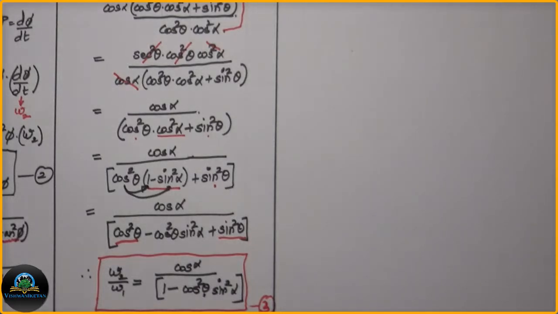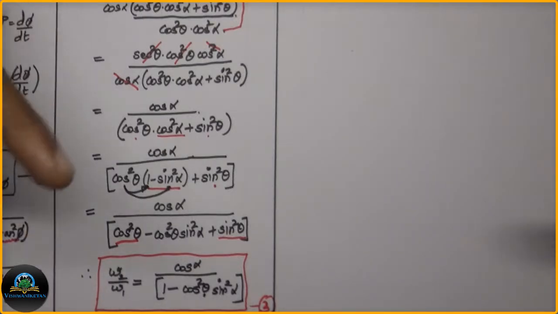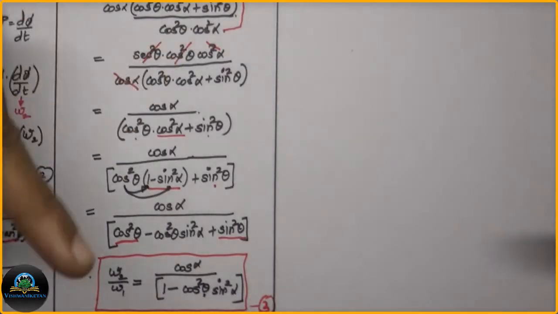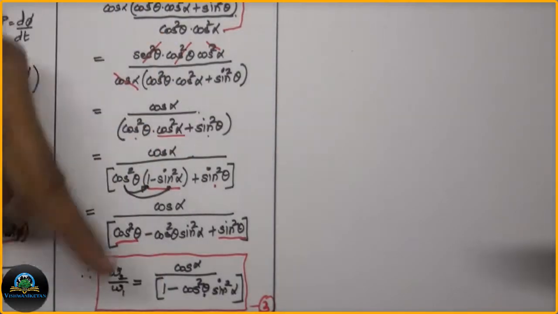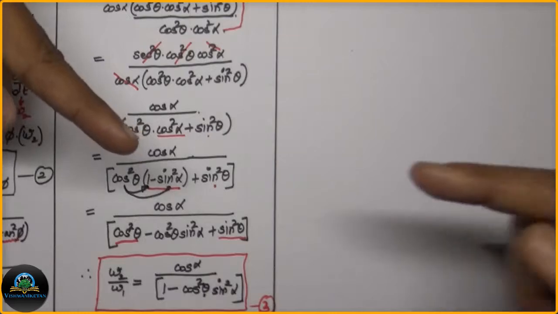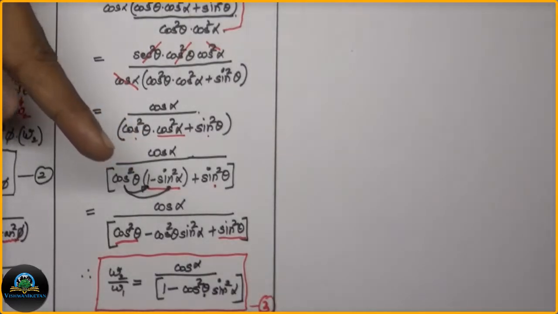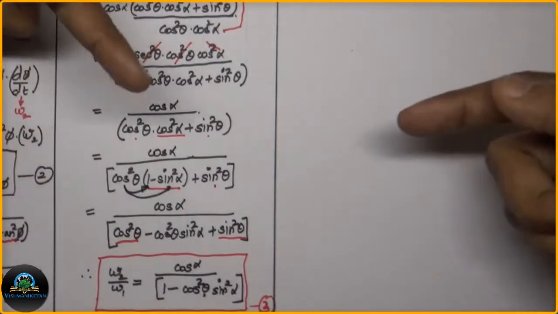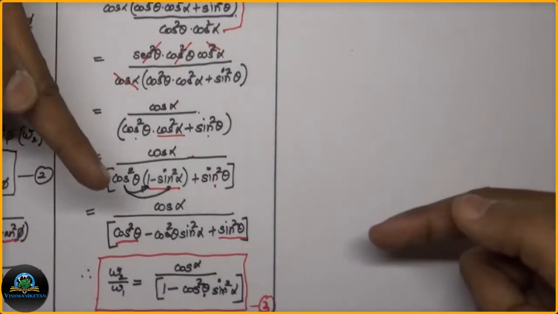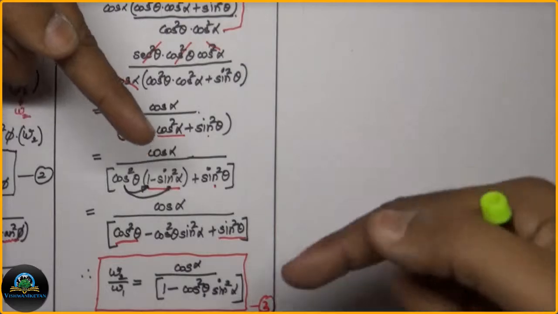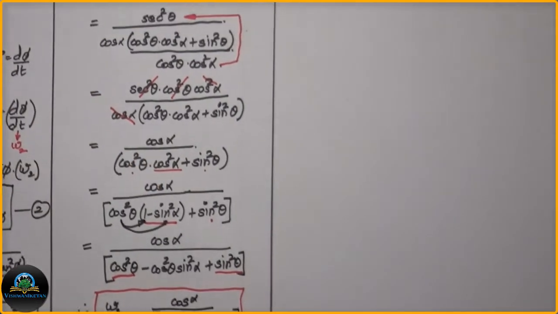Now what we are interested in knowing is there a case where the input and the output shaft are having the same speed? Now remember, the input shaft is continuously rotating at the same speed, which is constant, which is omega 1. The output shaft, while rotating, the speed is increasing or decreasing. Now, at what point while rotation does the input speed and the output shaft speed become equal?